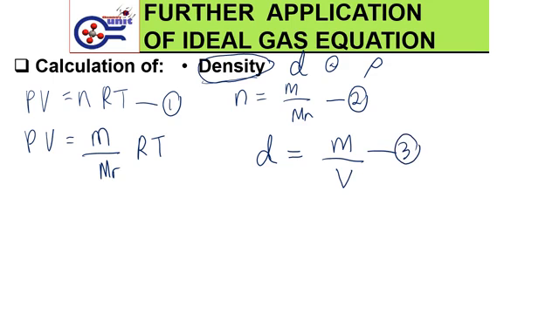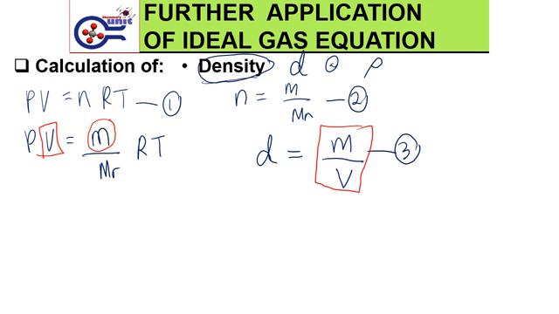So, how to substitute the third formula into the formula that relates ideal gas and molar mass? Kita rearrange kat sini. Nampak tak? Kita ada m dan V kat sini. Kita rearrange m dan V to the D equation, iaitu mass over volume.